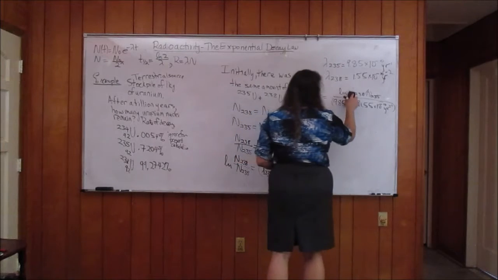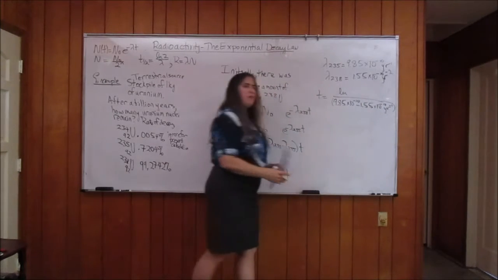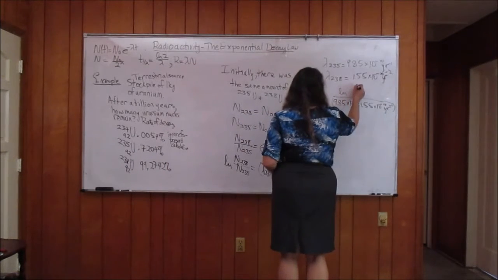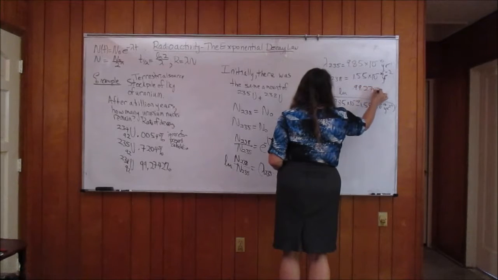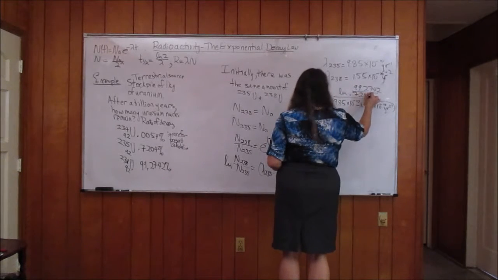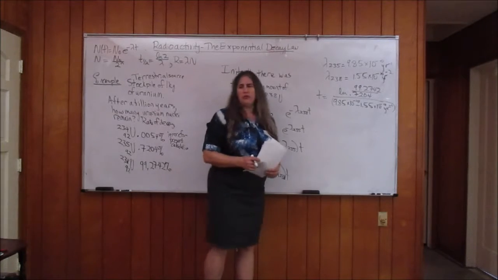And instead of using numbers of particles, we're going to use the abundances. So it's going to be 99.2742 over 0.7204.